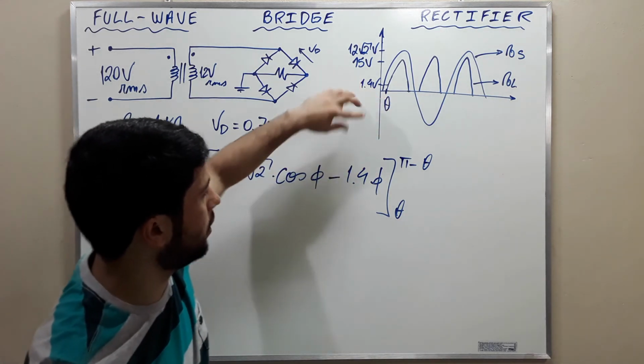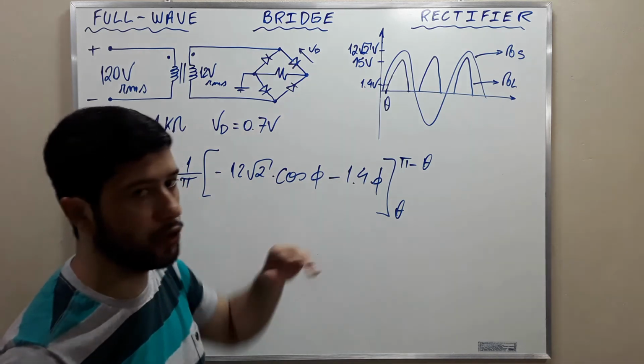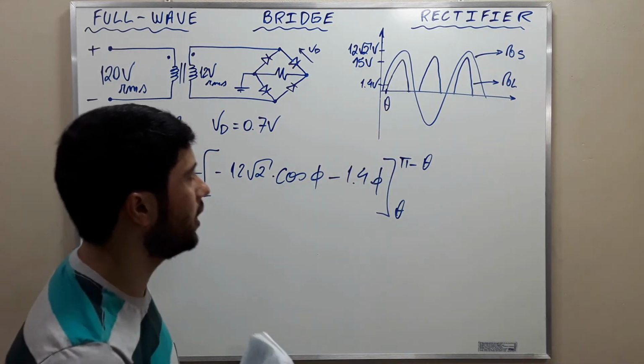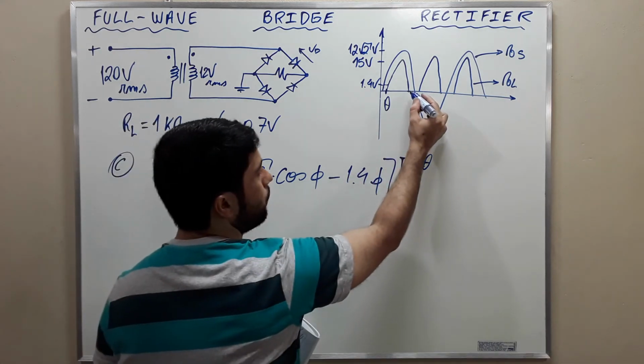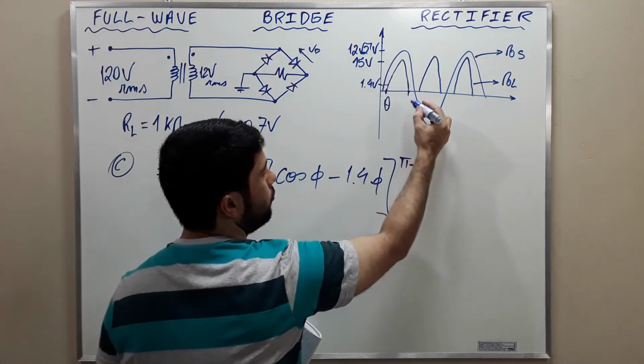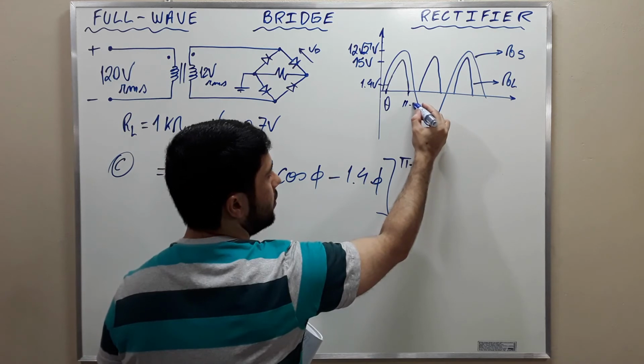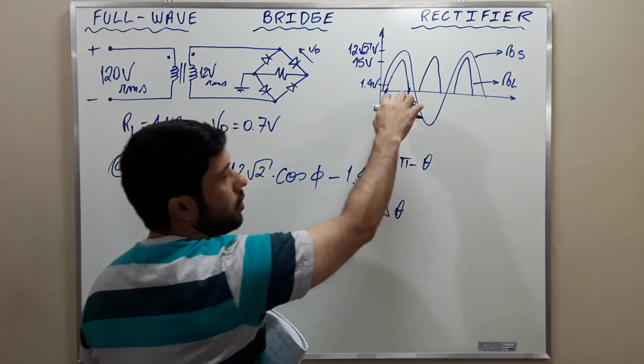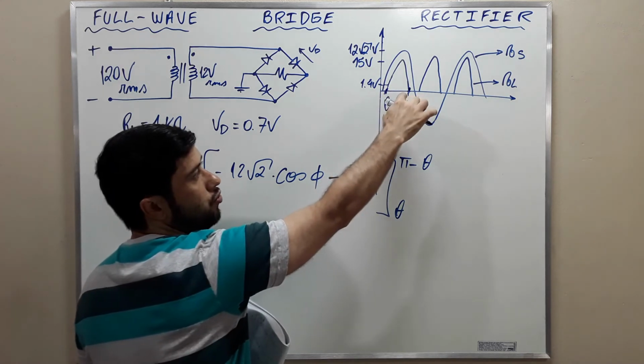Okay, we begin here again. I'm going to show you the limits of integration. We begin at theta and we integrate until here. This point is pi minus theta. We integrate only from here to here.